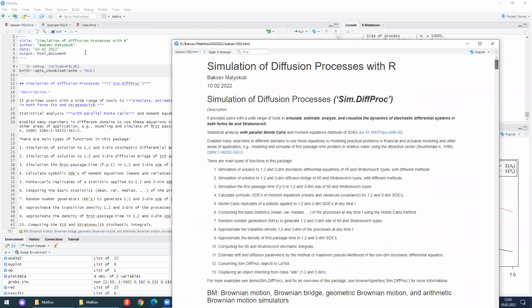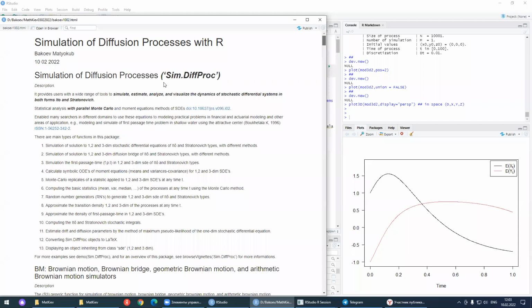One of the pluses of R Studio is preparing material. That's why I use R Studio. And now my talk is about simulation of diffusion process.